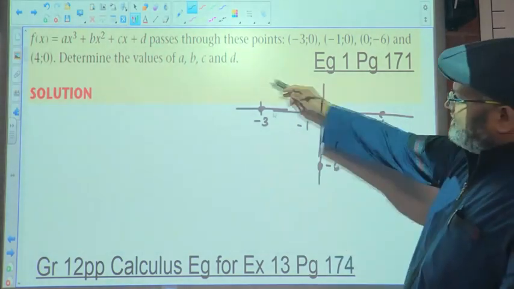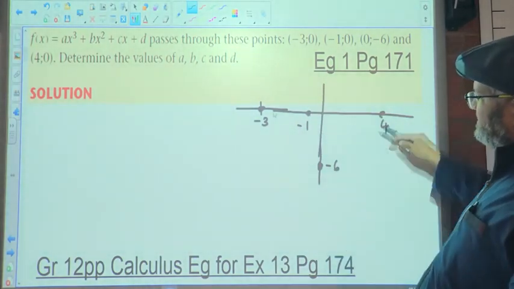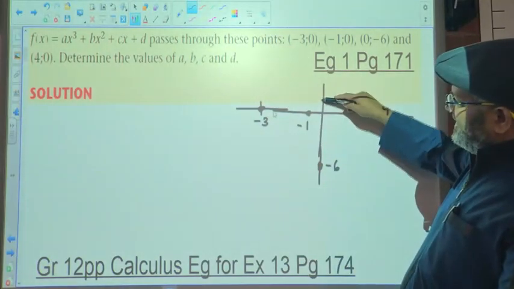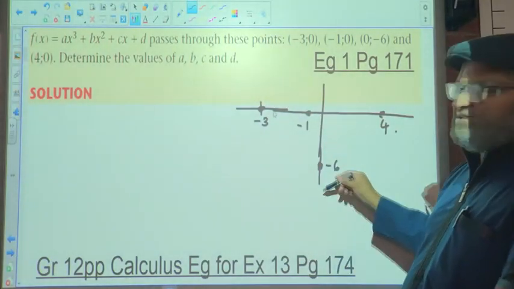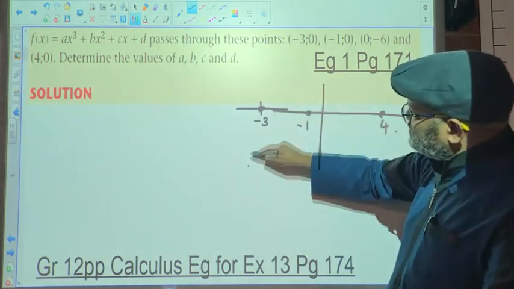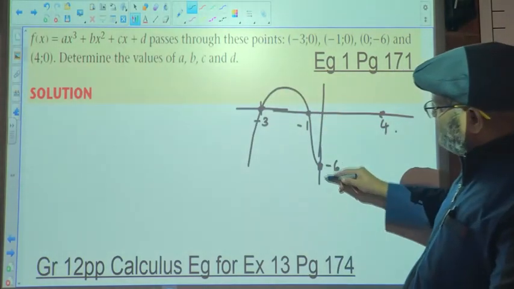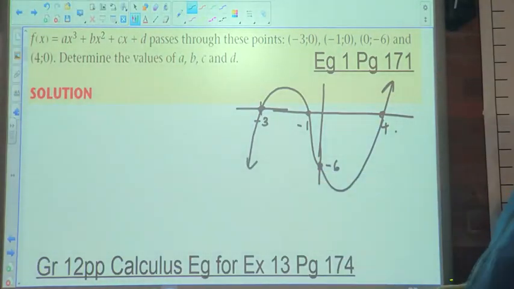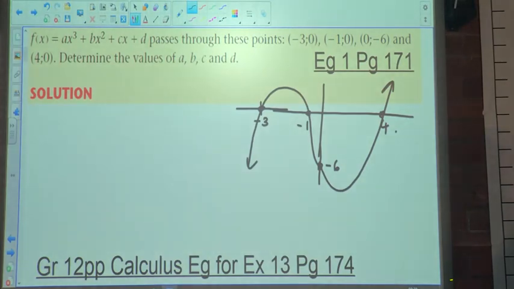So the graph could go up like that, down, and through like that. Not so, there's no way the graph could come like this and cut the negative 6 on the y. So this is what you should be seeing. So already I know my A value is going to be negative. This is just an approximation of the graph, not exact.